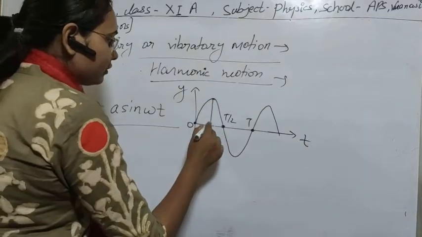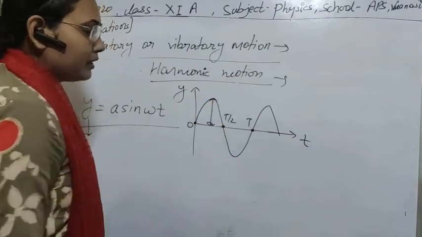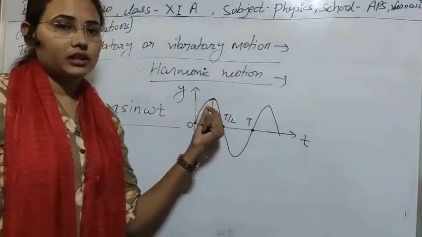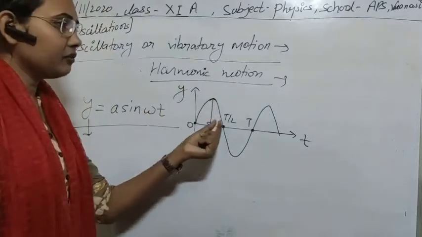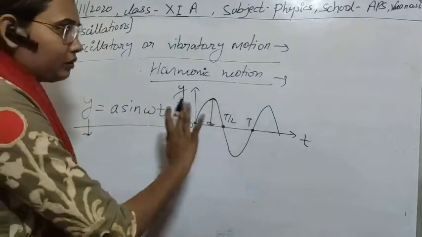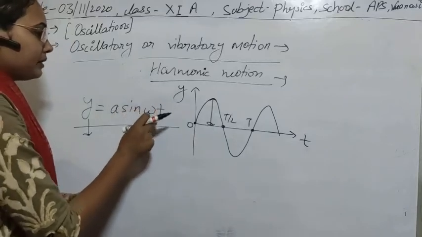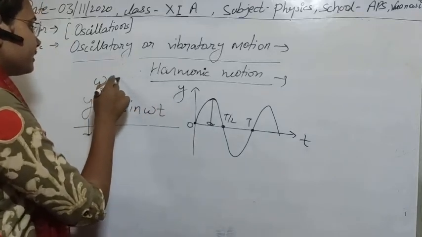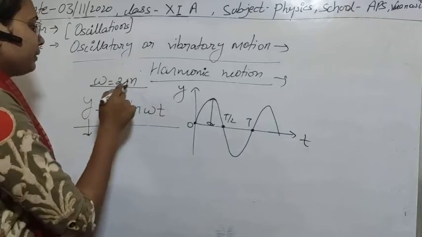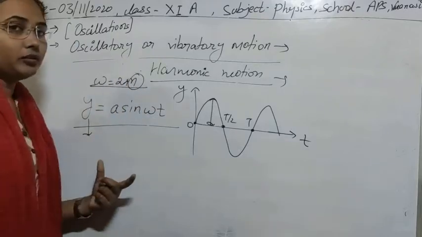Later I will tell you all the factors about any oscillatory motion: what is amplitude, what is frequency, what is time period. And omega is the angular frequency, which can be described in terms of the frequency of the oscillation as 2 pi n, where n is the frequency of the oscillation.